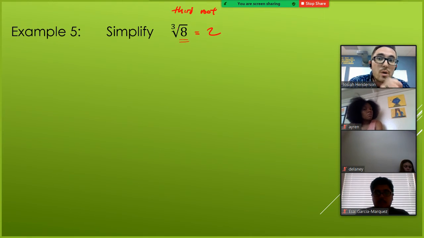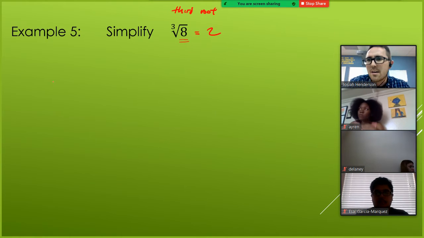I want to show you a quick way to figure out this type of problem and any more complex one. So here's how I would like to approach problems like this, if you don't see where they got that 2 from. I take the number in the box, the base. In this case, it's 8. I'm going to write it down on the side somewhere. I'm going to do a factor tree to figure out all the different numbers that multiply to make 8.